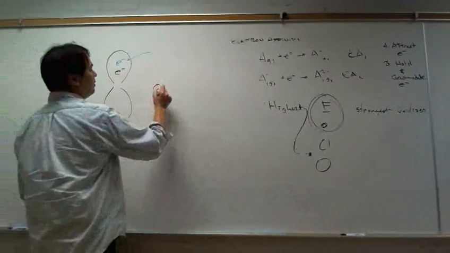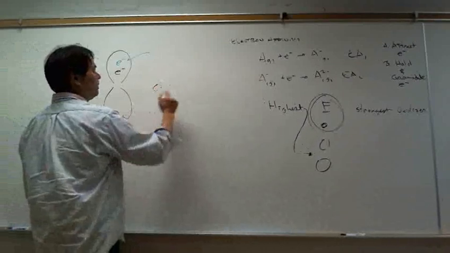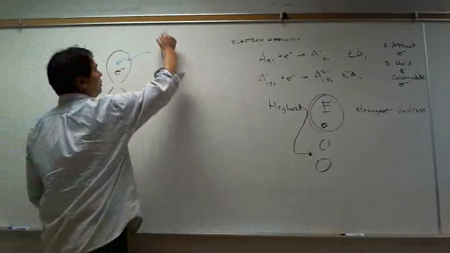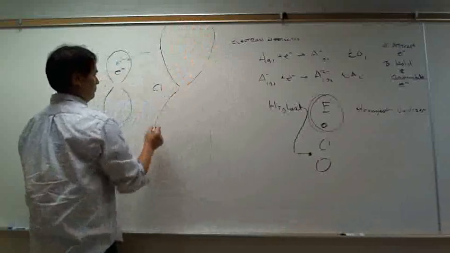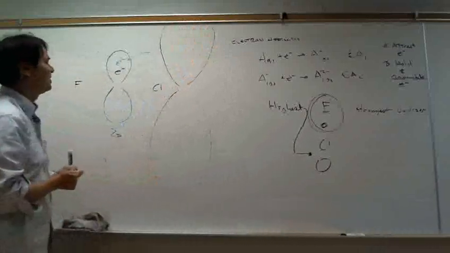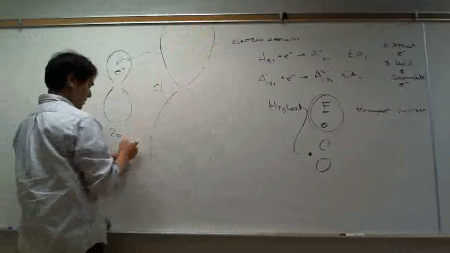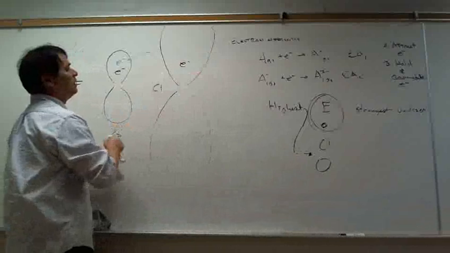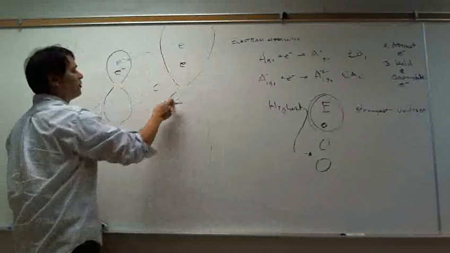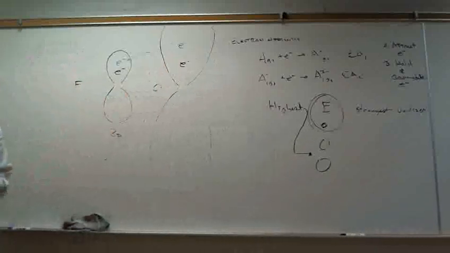Whereas when we look at chlorine, chlorine's got not the 2p, but the 3p orbital. Maybe this is over-exaggerating. But the point is, there's more space in chlorine than in fluorine.